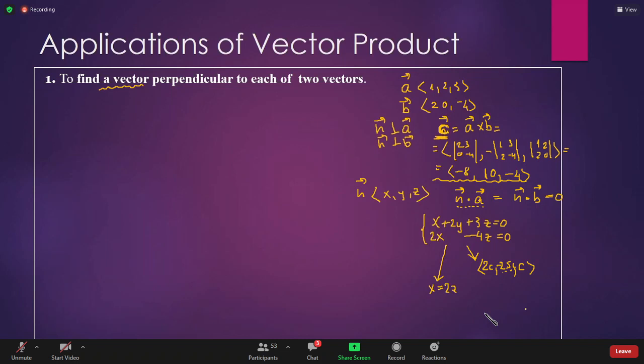So basically, why I'm talking about this is that the vector product comes from the need to sometimes be able to find a vector that is perpendicular to two given vectors.